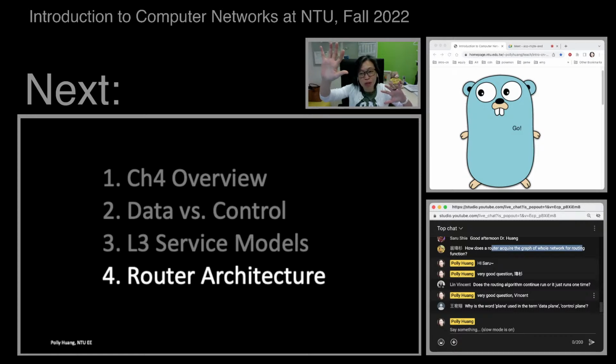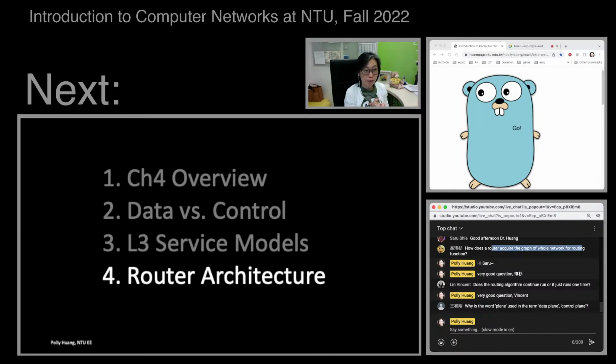So for routing, we just say this is a control plane problem. If it's a forwarding problem, we just say this is a data plane problem. Okay. Yeah, it's a choice of terminology. We could say a control space problem or data space problem. I hope that addressed your question. All right, and we move on.